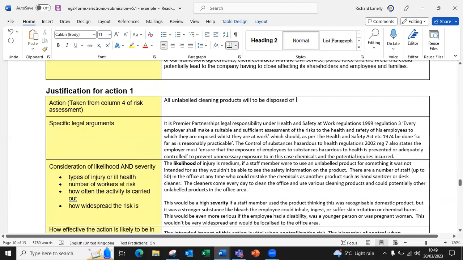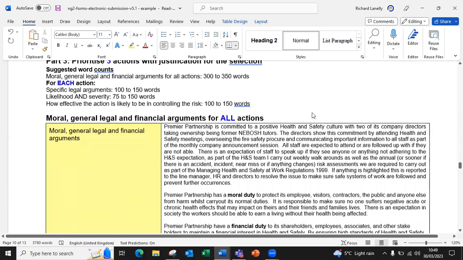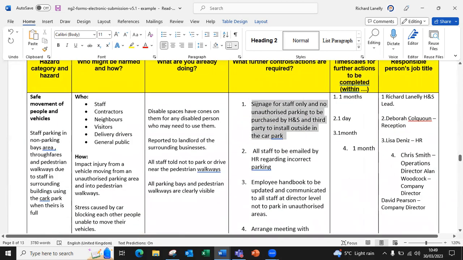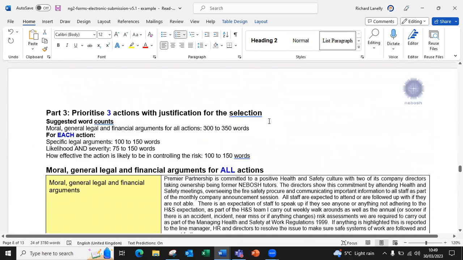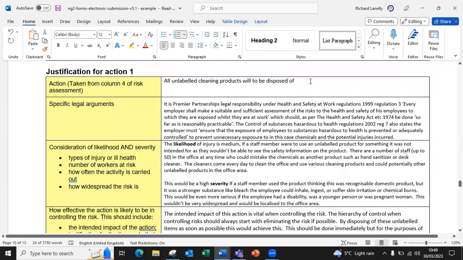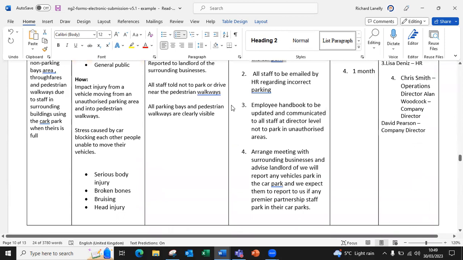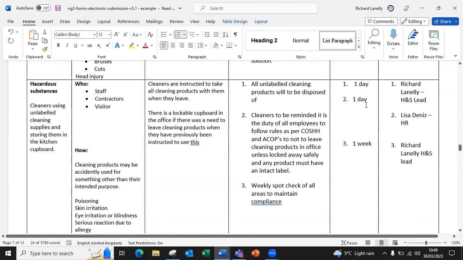And literally all I've done is copy and paste that information, Control C, and Control V into there. So this will correspond to one of the actions in part 2. So it'll be the COSHH one there. It's there, look.